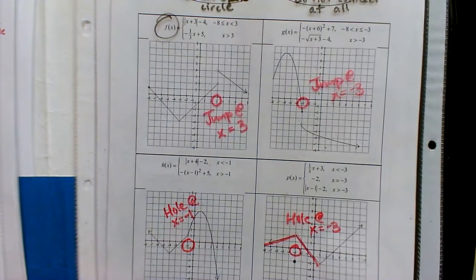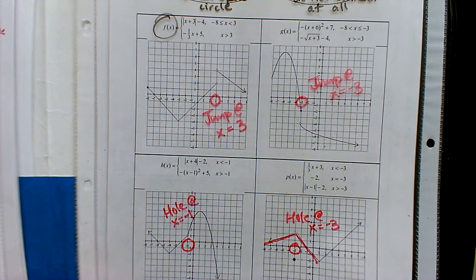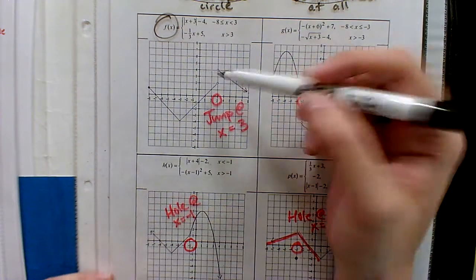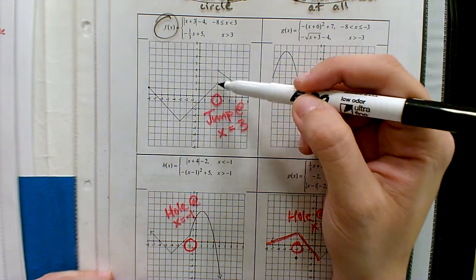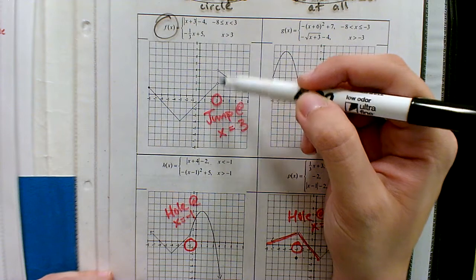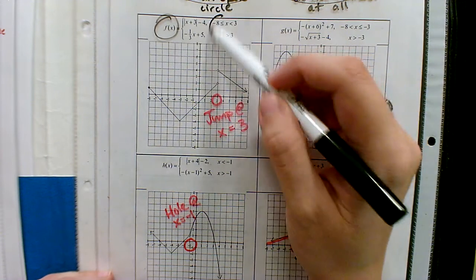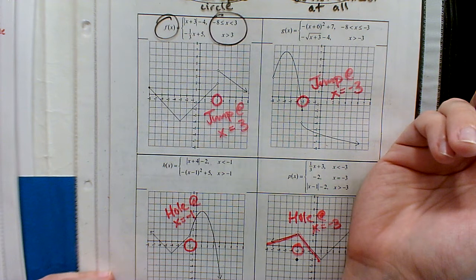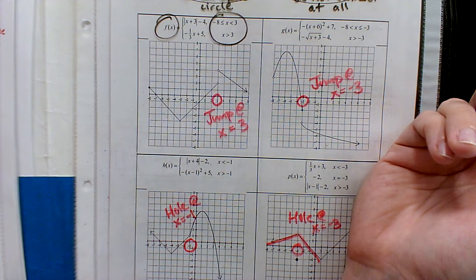I'm going to bring it up here. How can you tell that there is no point at 3? It never actually touches the 3. So there is no closed circle. You could say that. How could you tell based off the equations? How could you tell there's no closed circle at 3?